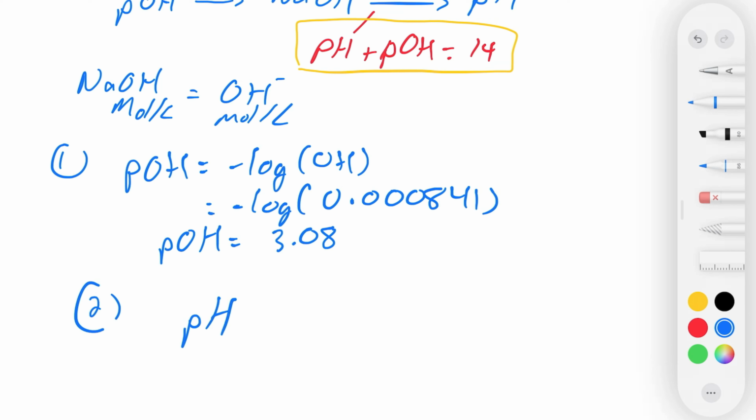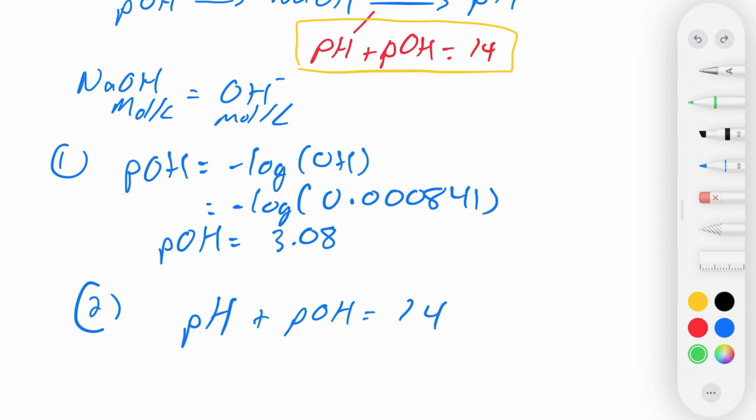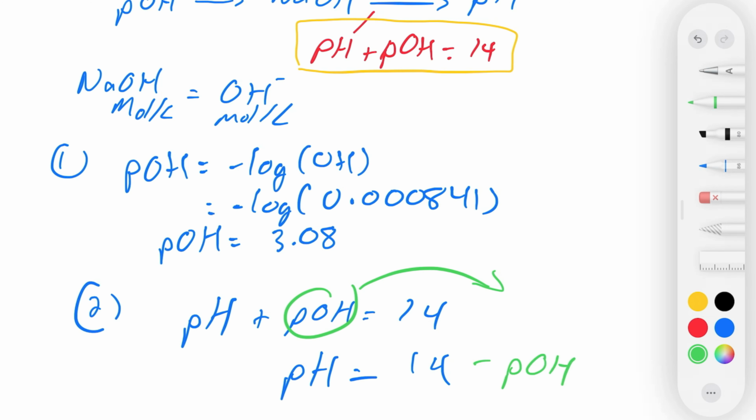Now to get the pH, we're going to go pH plus pOH is equal to 14. We'll move the pOH to the other side so that our equation becomes pH is equal to 14 minus pOH.